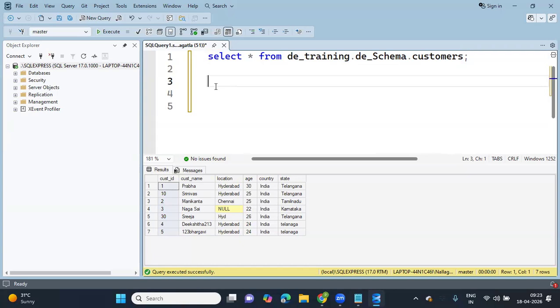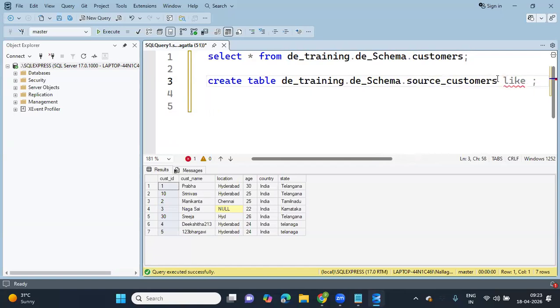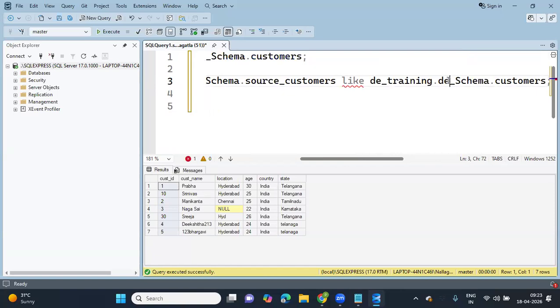I'll tell you a few more concepts here. Anyway, as we are discussing, create a table customer. I'll maintain it as source customer. This is the source data. I just want to create the structure like this table, not the data. Let's run it.